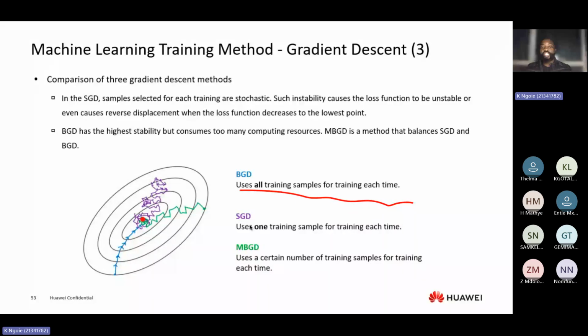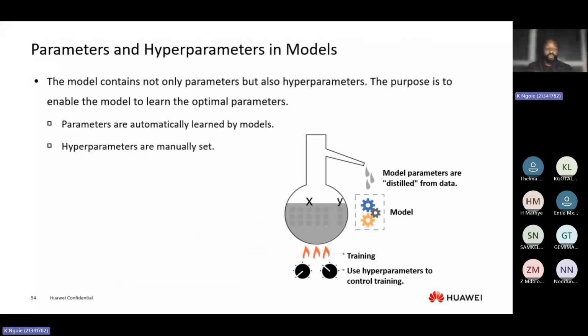Stochastic gradient descent uses just one training sample each time. And mini batch gradient descent uses a certain number of training samples each time. So that's the difference.